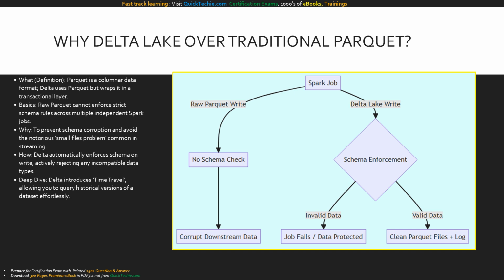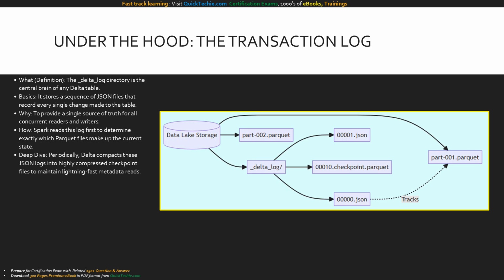It enforces the schema in real time. If the data is invalid, the job safely fails and your existing data is fully protected. Only fully validated, complete data ever makes it into your clean Parquet files. This shifts your engineering focus from constantly fixing broken data to building new features.